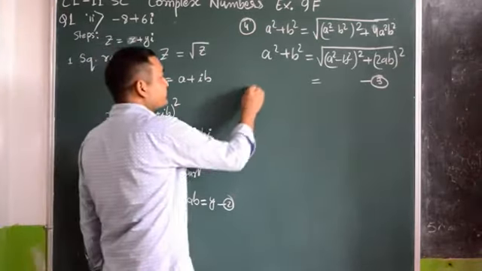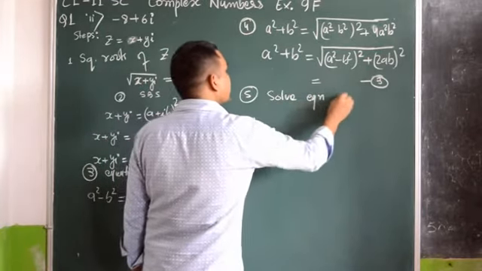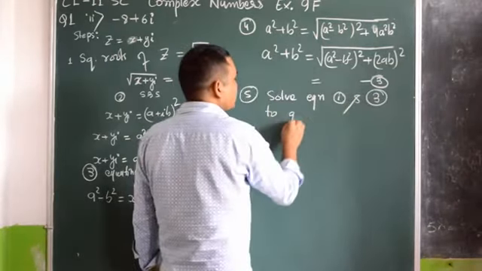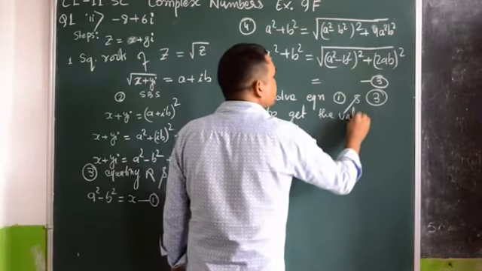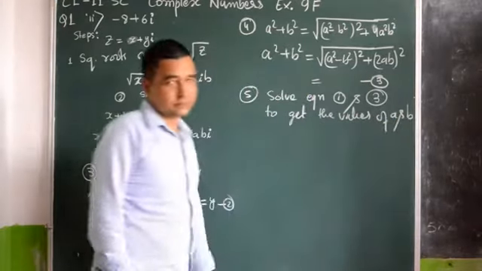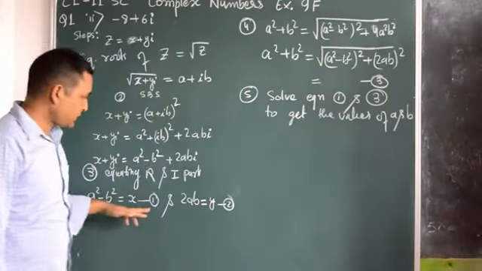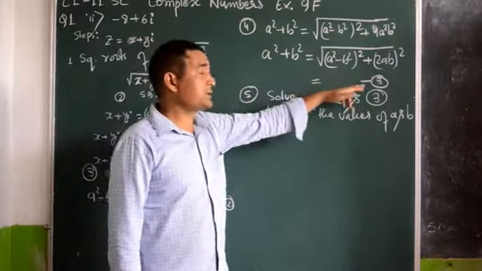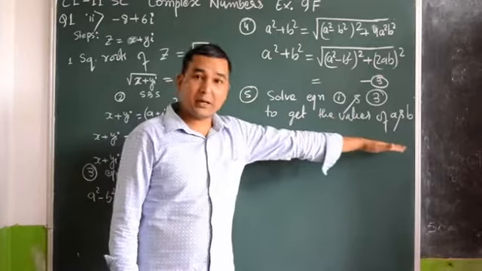Next step, solve equations 1 and 3 to get the values of a and b. After forming the equations, one equation is there. After using this formula, we will get another equation, that we consider equation 3, and in step 5 solve equations 1 and 3 to get the values of a and b.